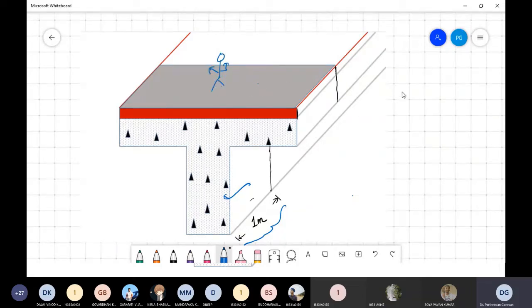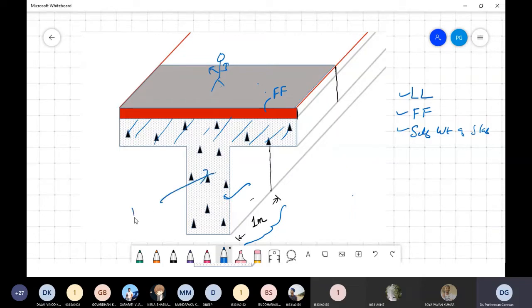So the slab will have a live load, and it has a floor finish, and this is the slab itself. This is the self weight of slab or dead load of slab. All these three things will be acting on this beam.